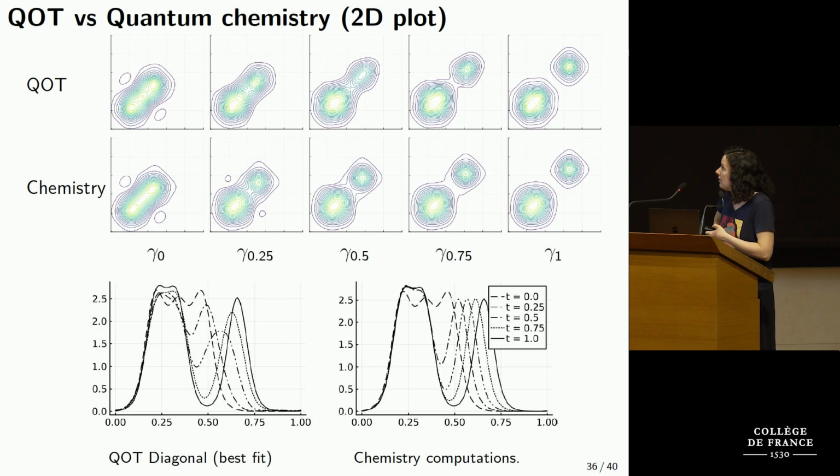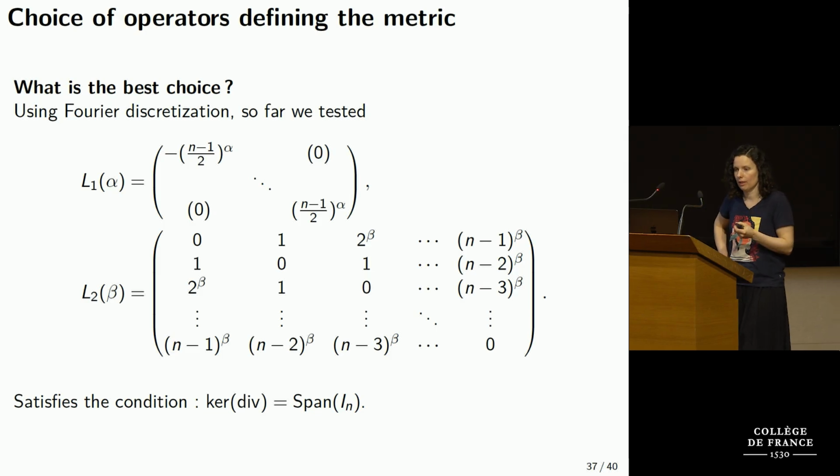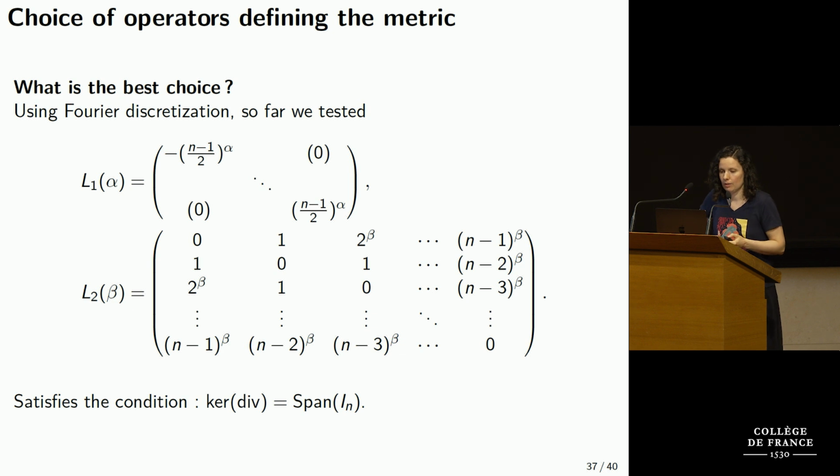And in fact, to obtain this picture, we tried many different distances. As I said, the quantum optimal transport distance is defined through these derivation operators that appear in the divergence operator. And so we actually tested a 2-parameter set of derivations. I forgot to mention, but we discretize the density matrices in Fourier.